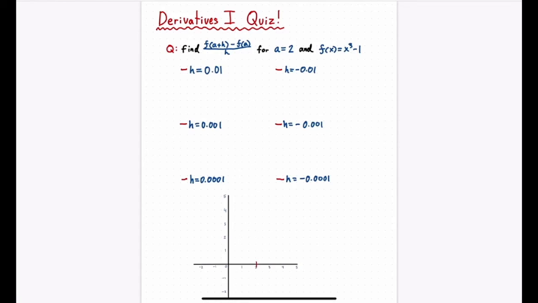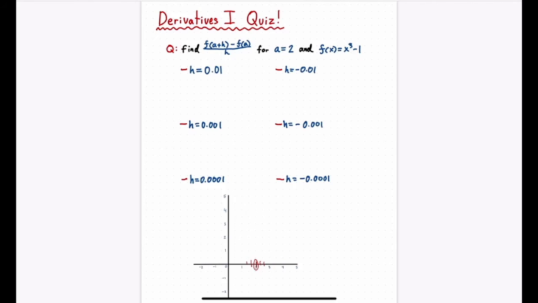If you can, maybe print this page and map out the h's getting closer and closer to 0, or closer and closer to this 2 right here. Map out where that equals on this y-axis and see if it starts to approach one single number that you could approximate as the slope of the tangent line on that f of x. You can draw the f of x function onto this graph if that helps.